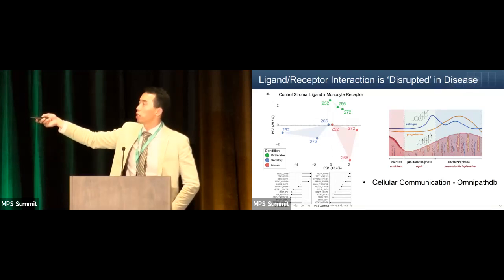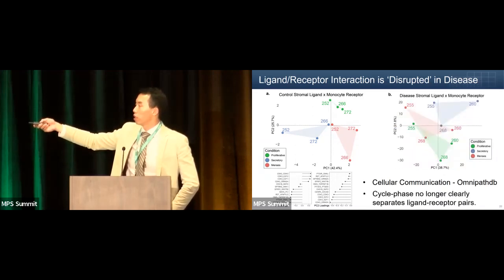For example, we took genes which are stromal ligands and we crossed them with monocyte receptors. And this PCA plot shows that this actually separates, in the blue, for example, the secretory model separates fairly distinctly between the menses model and also the proliferative model. But in disease, this relationship is significantly disrupted, right?